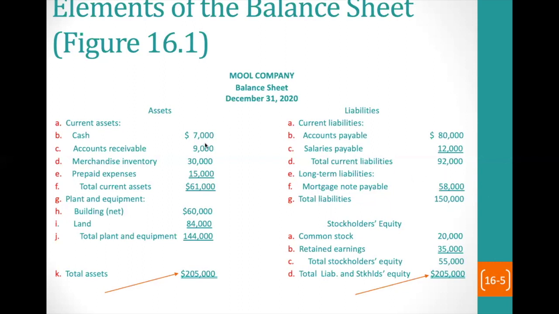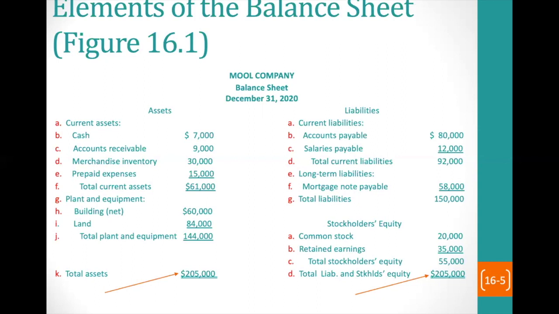So if you're looking down the asset side, you see the current assets, things that they expect to convert to cash within 1 year. Cash is your total checking accounts, savings accounts, and any cash that you have on hand. Accounts receivable is money owed to the company by customers for sales on account.